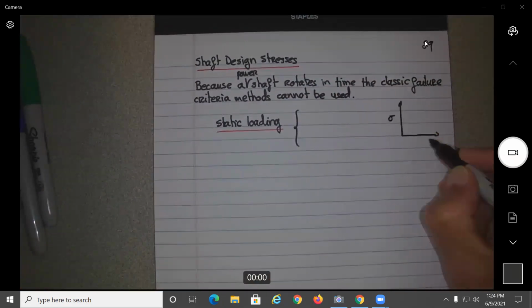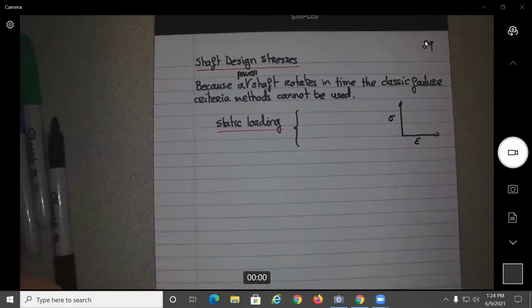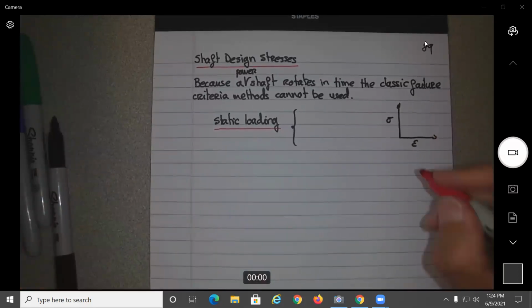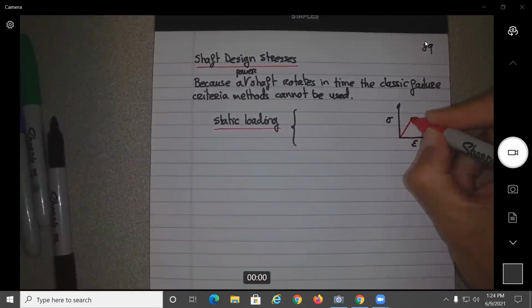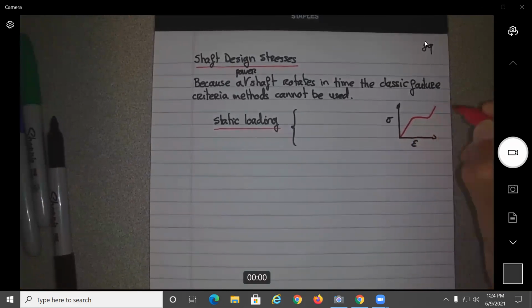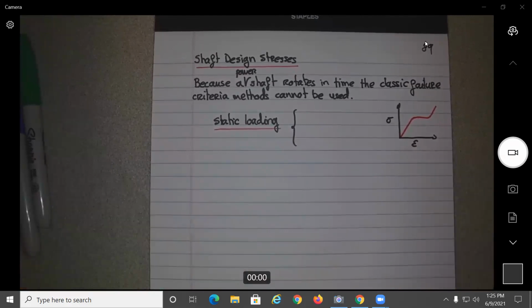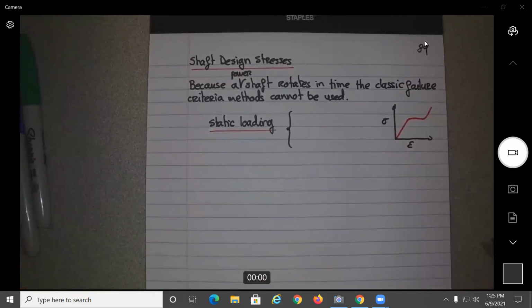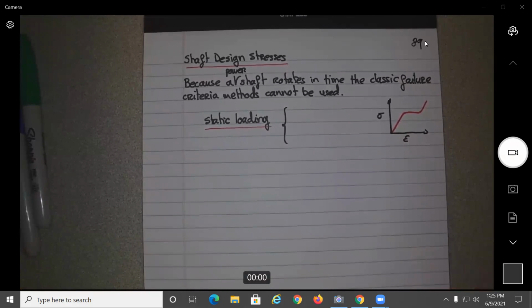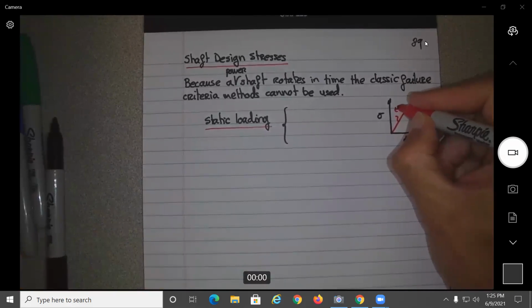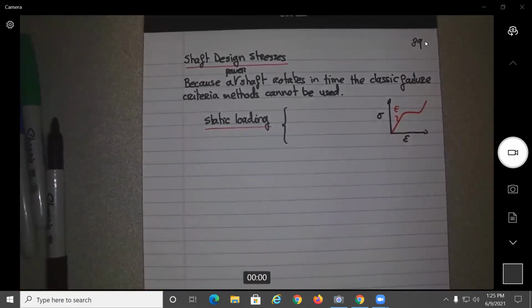If you have the stress-strain curve, generally we'll have this shape for a general elastic material. The slope of this line is the Young's modulus, all right?